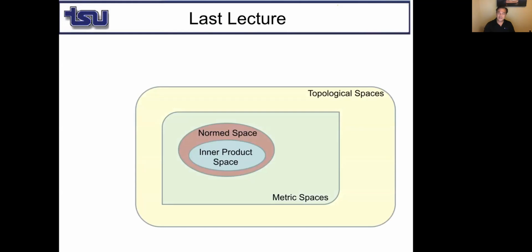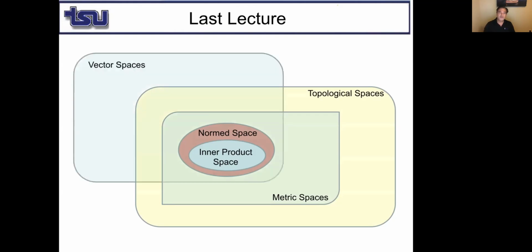And from distance, we can always define or induce a topology. Therefore, a metric space is a topological space. But we said that there might be some infinite dimensional vector spaces in which we may not induce a topology. So there are some vector spaces which are not topological spaces.